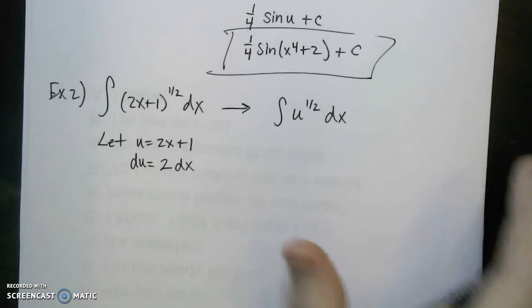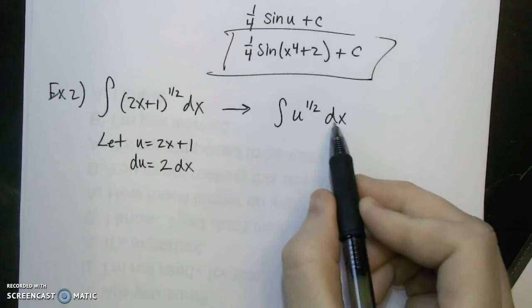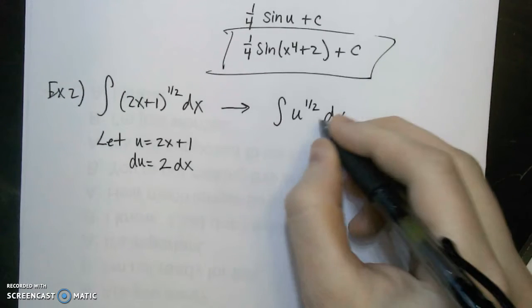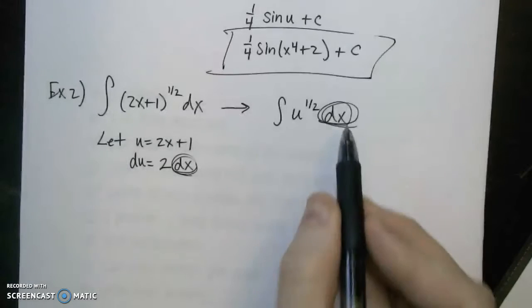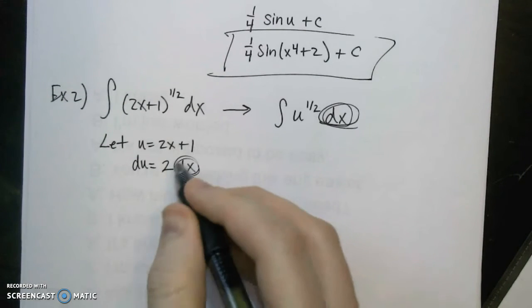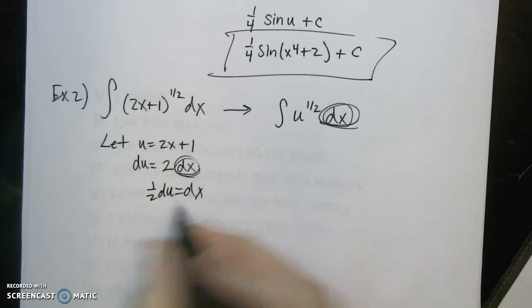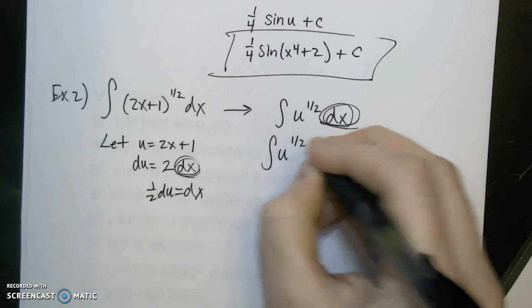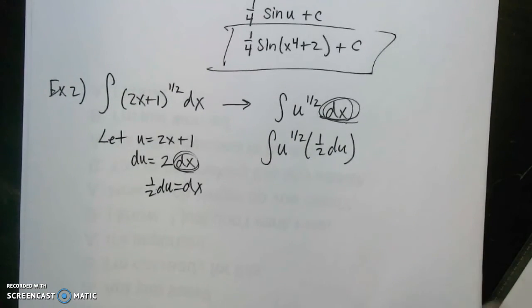But in order to do the integration, I have to get rid of my dx, because I have to have the same variable. So I look here, I've got it there. If I want to replace dx, I need to solve for it, dividing 2 to the other side. So now I can replace my dx with 1/2 du. And so I've got everything in terms of u, so I can do my integration now.